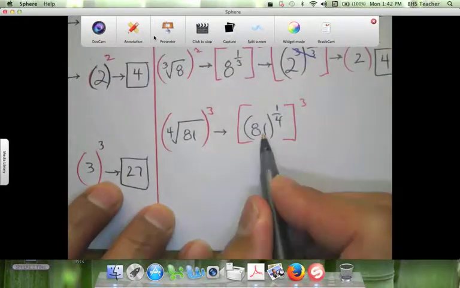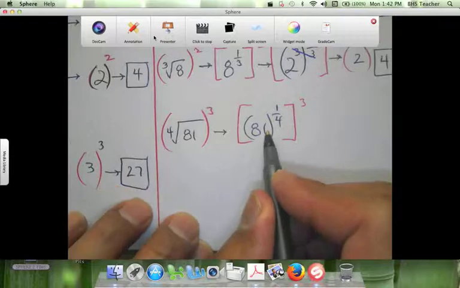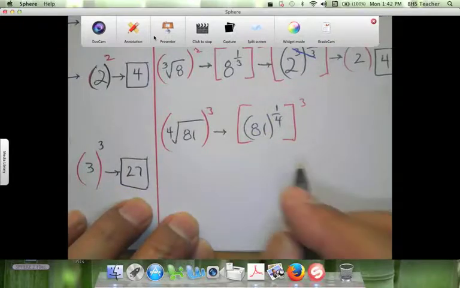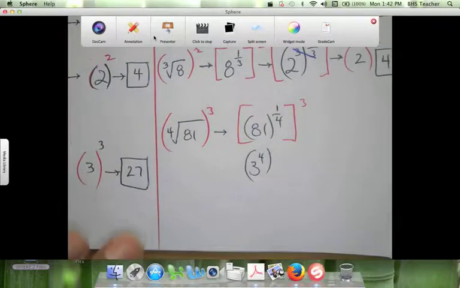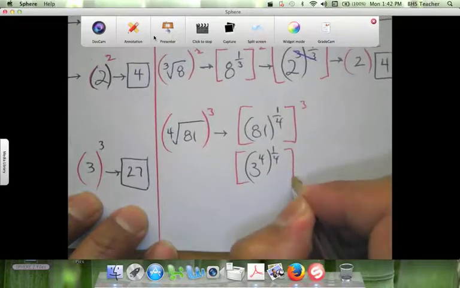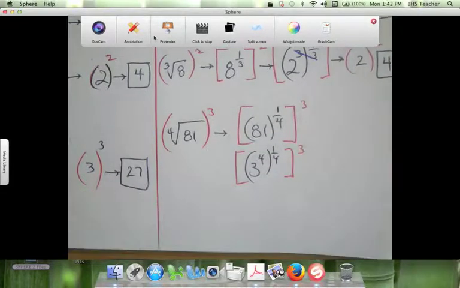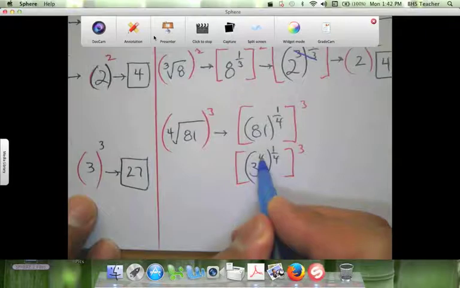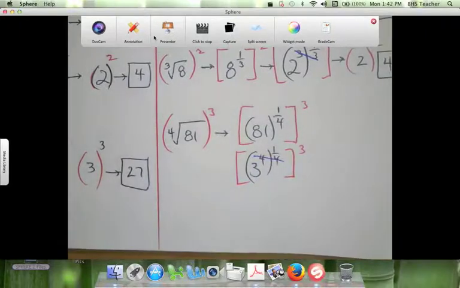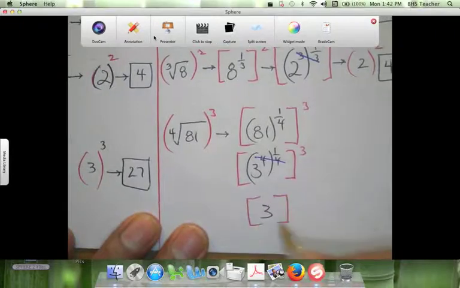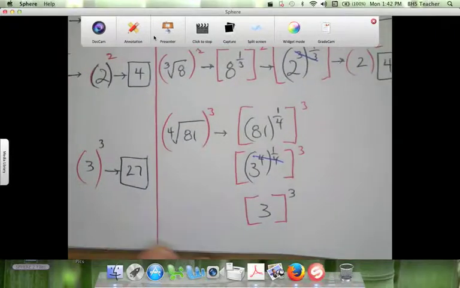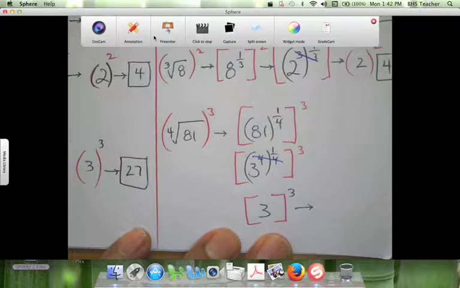The fourth root of 81 is 3, but that tells you that 81 is the same as 3 to the power of 4. And you still got this 1/4. These power of 4 and the 1/4 cancel. The only thing you get inside is 3. 3 to the power of 3 is 27.